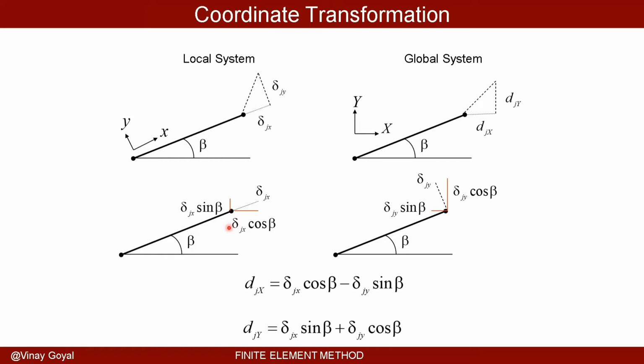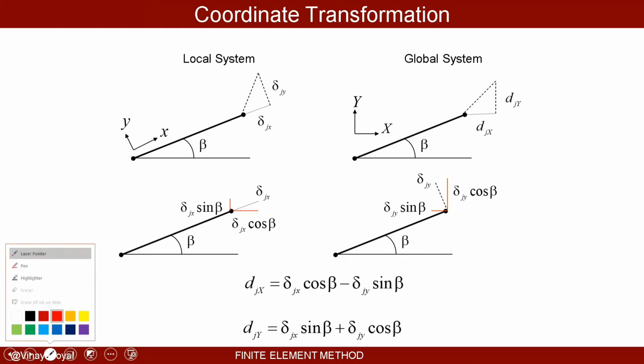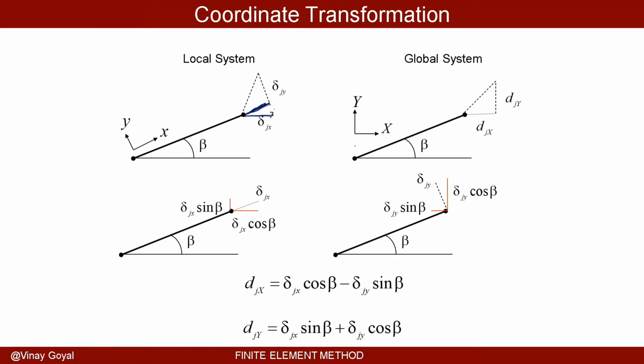So I'll just draw it here quick so you can see that. I have a component. There's a deflection here, and I'm going to decompose it into this one and this one.